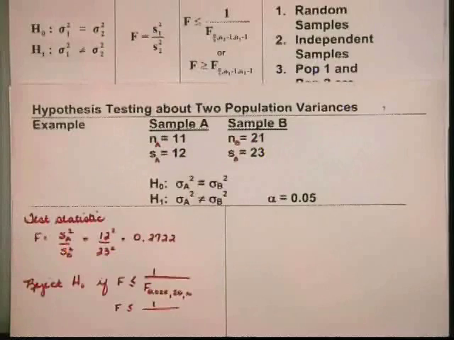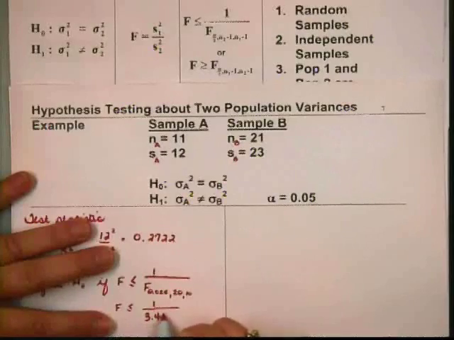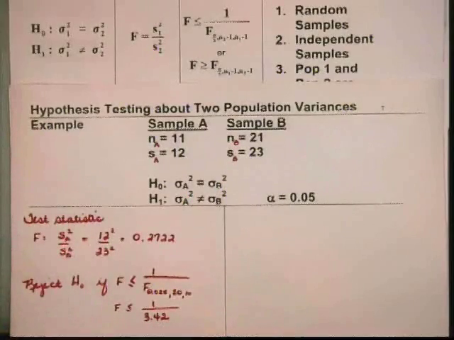The column for 20, the row for 10. All right, so I have 1 over 3.42. Do you agree? And then that 3.42, when you compute the reciprocal, I have 0.2924.